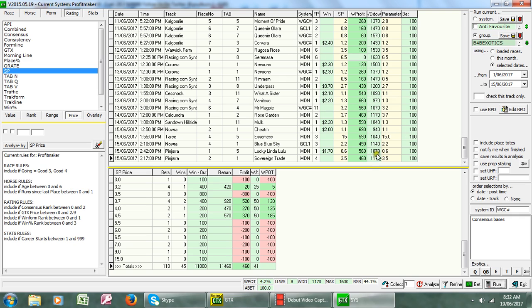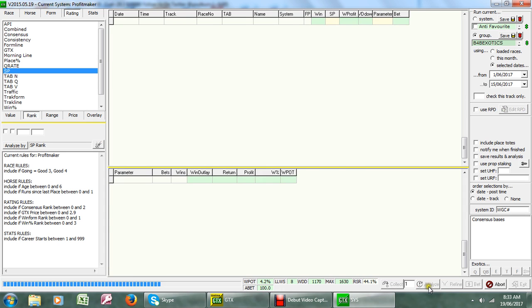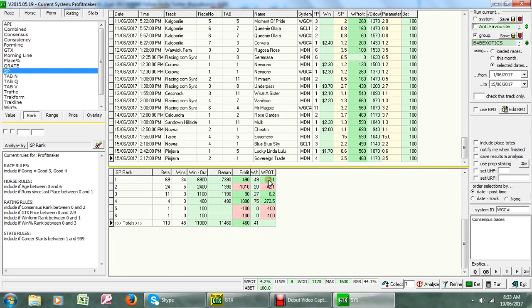The same thing happened with several other of the runners. Now, if once again we go to the starting price rank, and we analyse by the rank, you'll find here that we made a 7% profit on our favourites. The rest of the selections we were only getting square. That's nearly 50%.